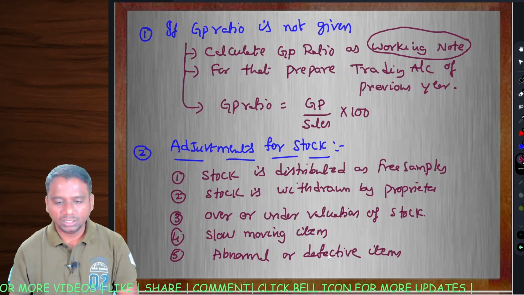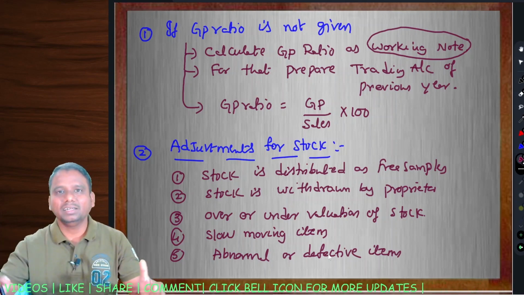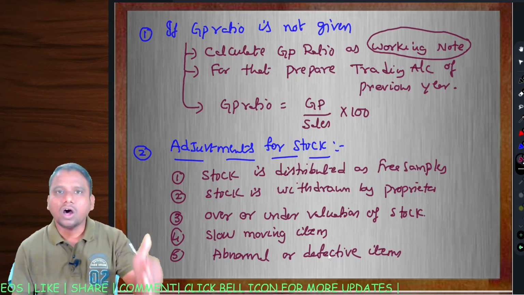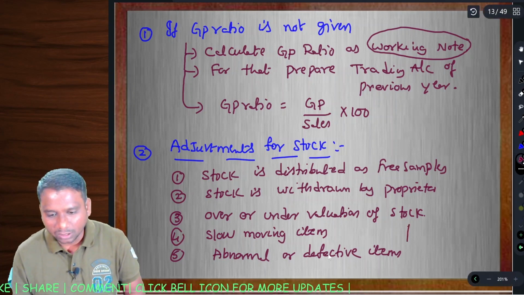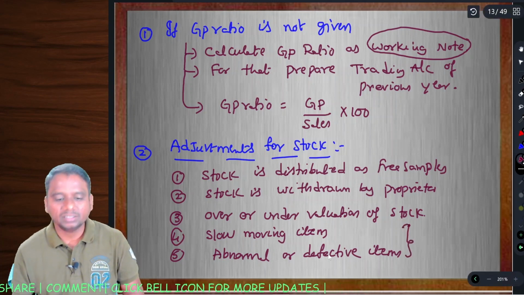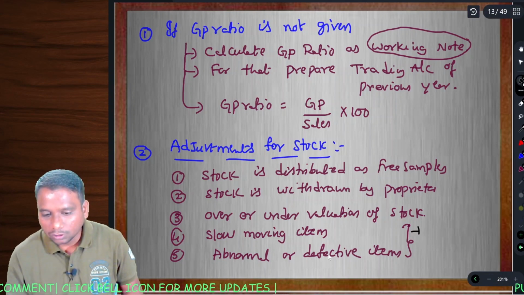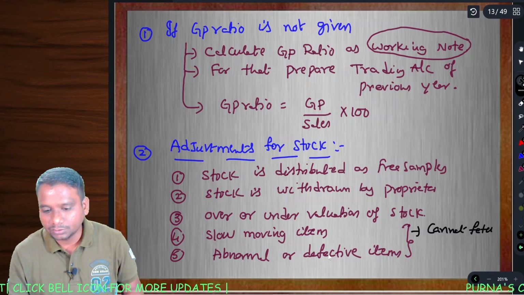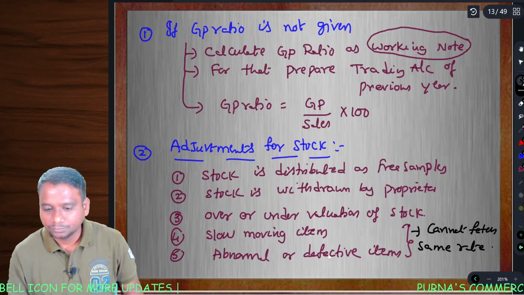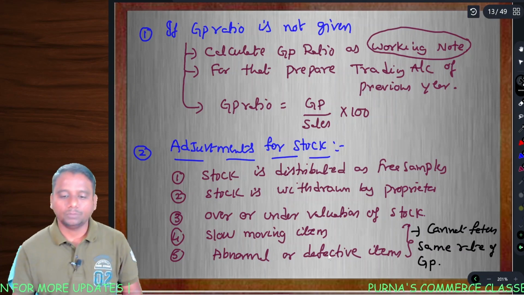Sir, why should we? In that case, the stock can be segregated or divided into normal goods and abnormal goods. Why, sir? Because these slow moving items and abnormal or defective items cannot fetch the same rate of GP, gross profit.